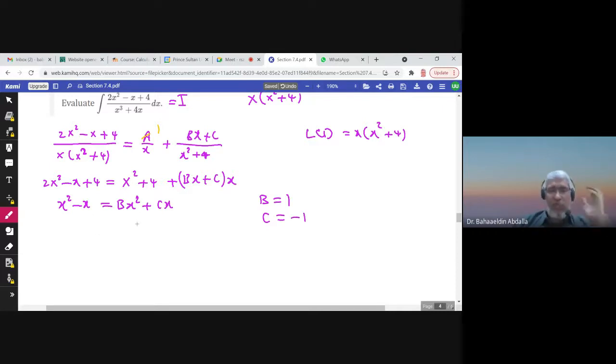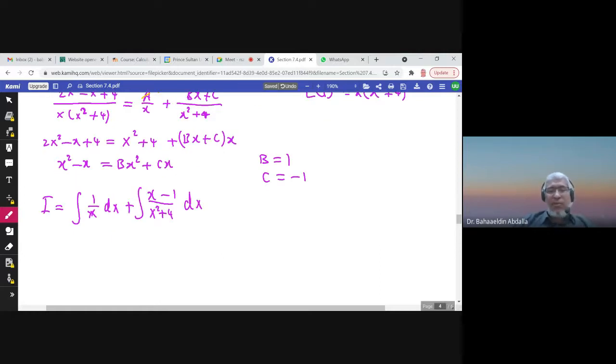And so now I can write the integral of I as the integral of a over x, which is 1 over x dx, plus b is 1, so I have x, c is negative 1, minus 1 over x squared plus 4 dx.